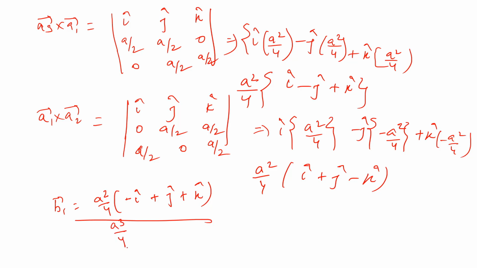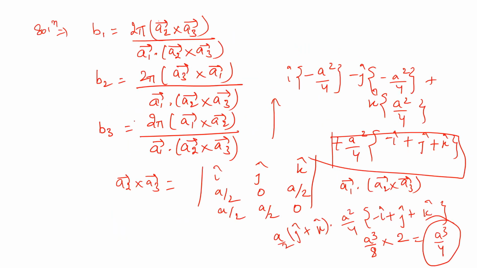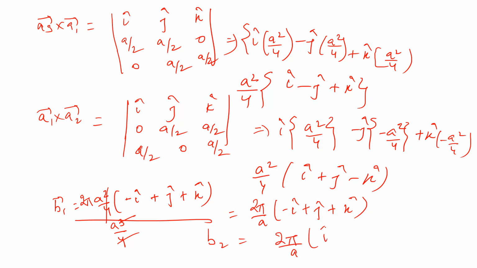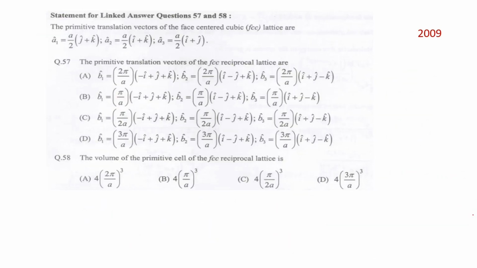So this will become 2 pi by A into minus I plus J plus K. Similarly, for B2 it will be 2 pi by A into I minus J plus K, and for B3 it will be 2 pi by A into I plus J minus K. So we have the 2 pi by A factor. I think option B1 is the correct answer.